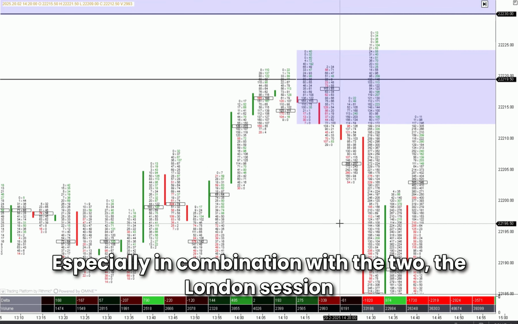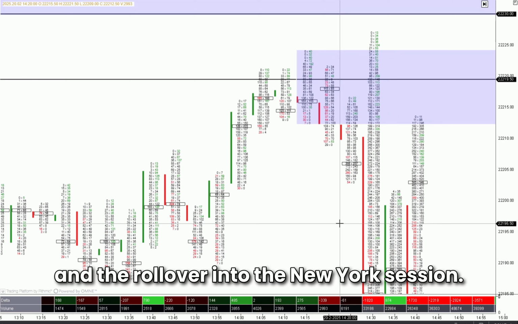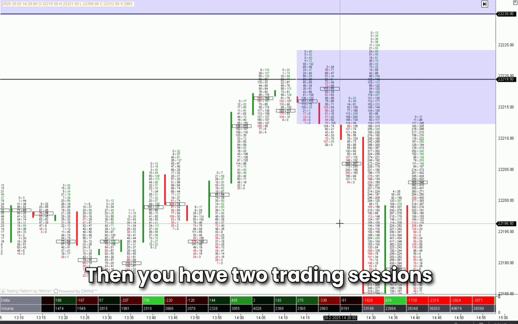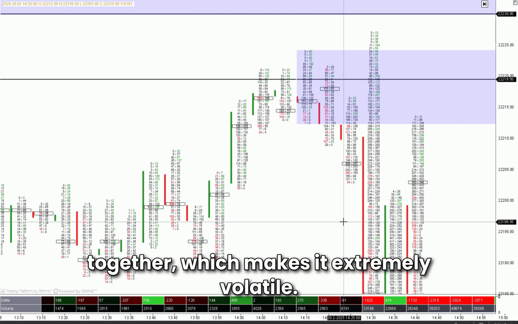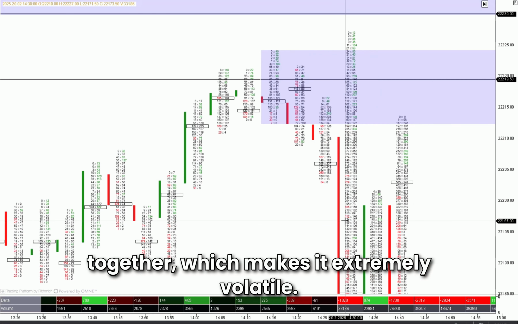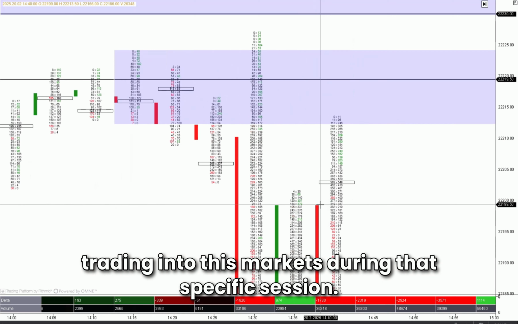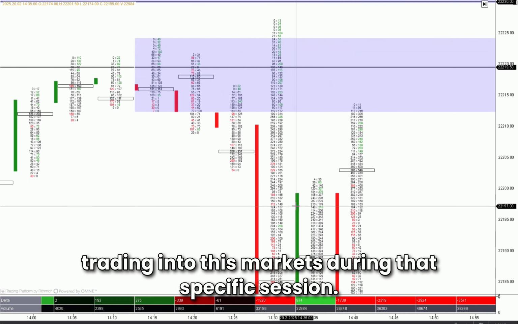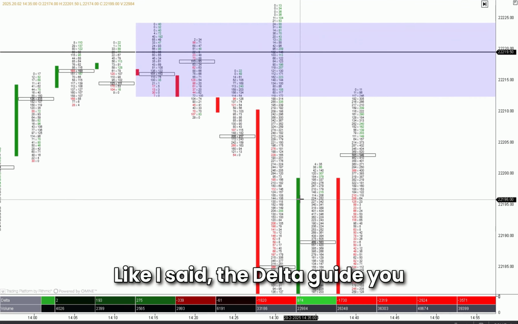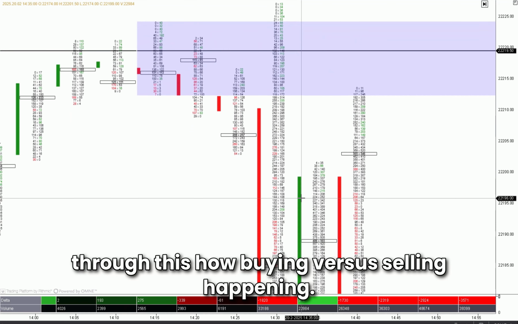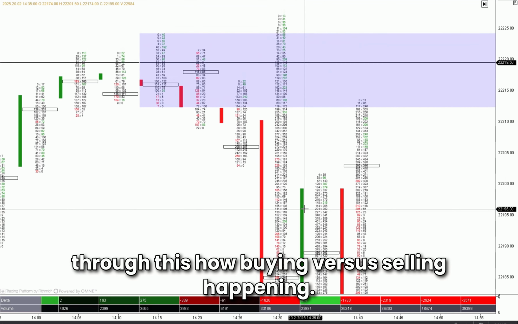especially in combination of the two, the London session and the rollover into the New York session. Then you have two trading sessions together, which makes it extremely volatile. So that means there is a lot of volume trading in these markets during that specific session. And like I said, the delta guides you through this, how buying versus selling is happening.